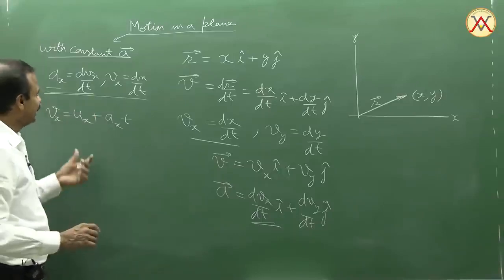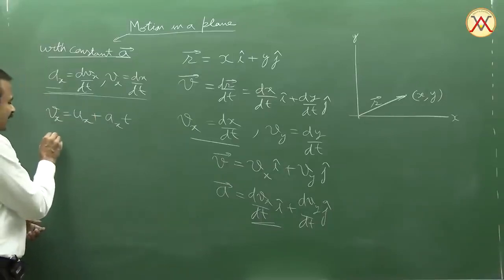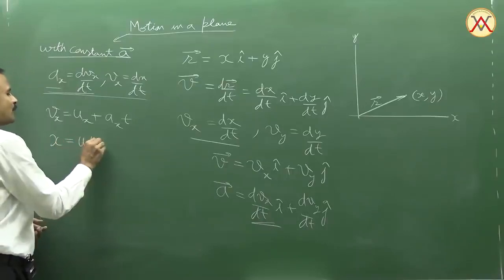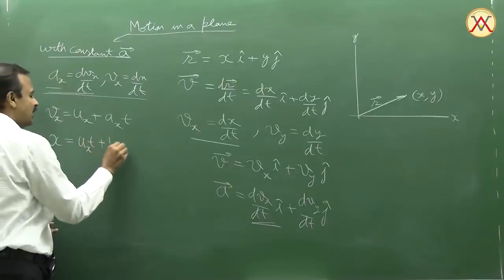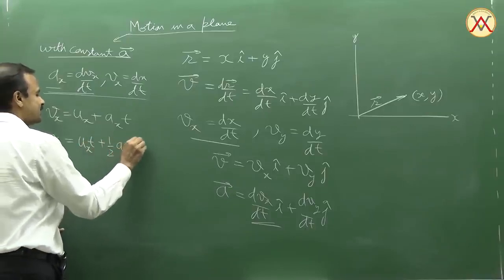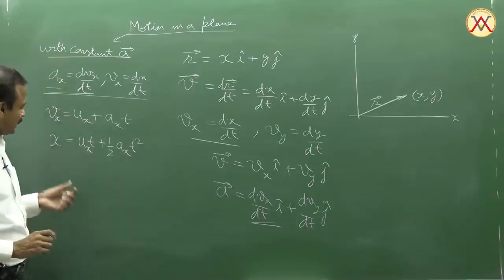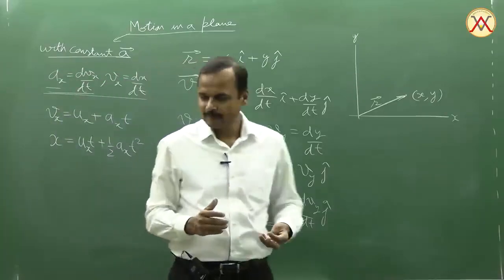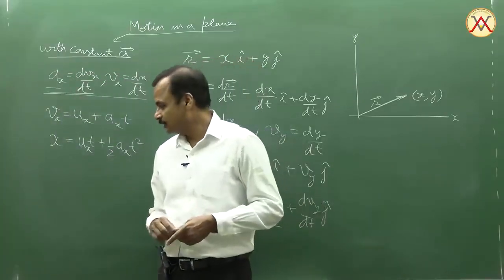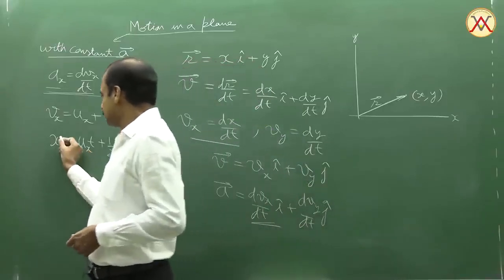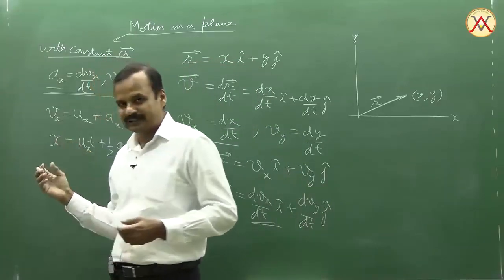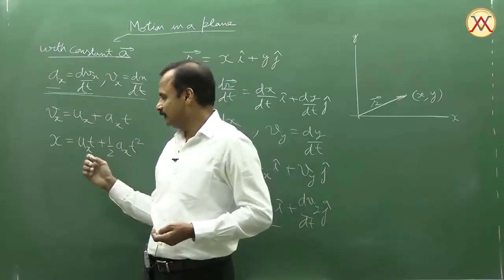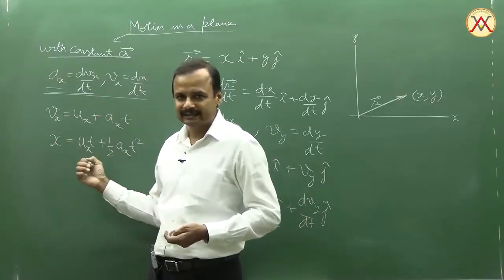Once again, you can get x equals uxt plus half axt square, where x is the displacement in x direction. If we want this x to be represented as a coordinate, then we must ensure that our starting point is taken as origin.